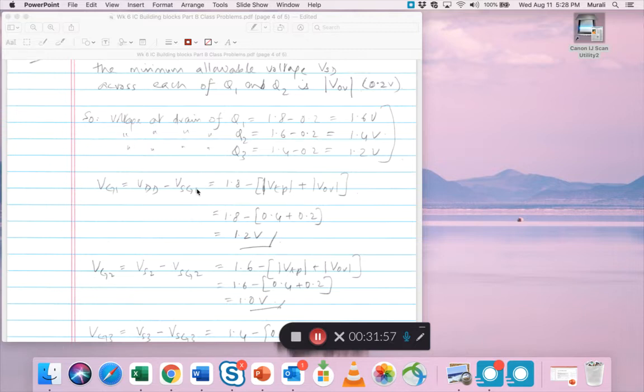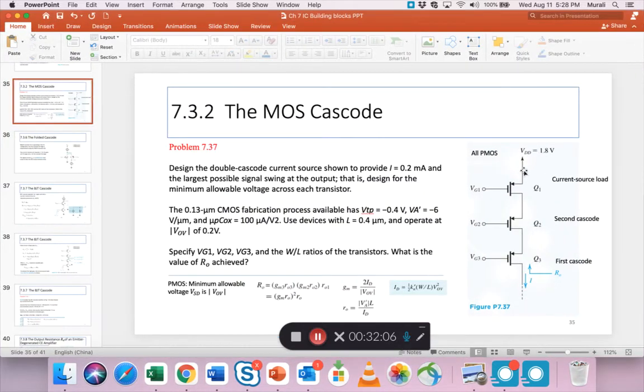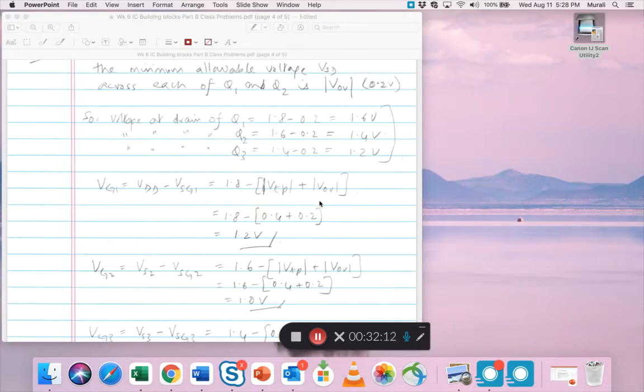What is VSG1? You need another formula for that because we don't have the source to gate voltage directly, which would be this to this. But there is a formula for it in terms of VTP and VOV. This is your basic formula, which tells you that a transistor is operating in saturation; the output voltage has to be above VOV to be in saturation.